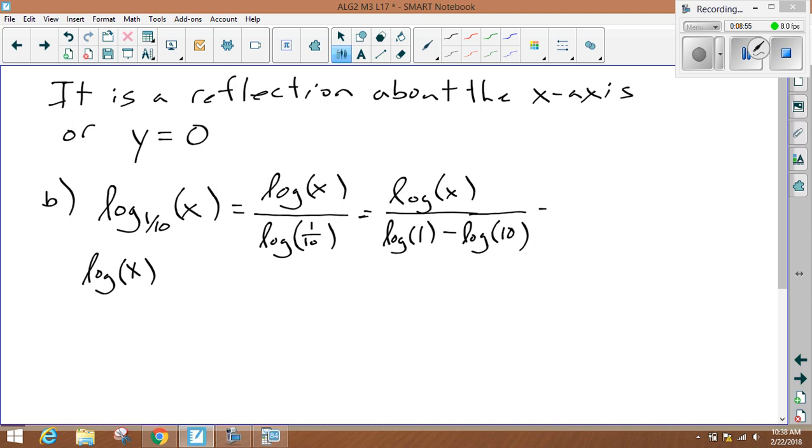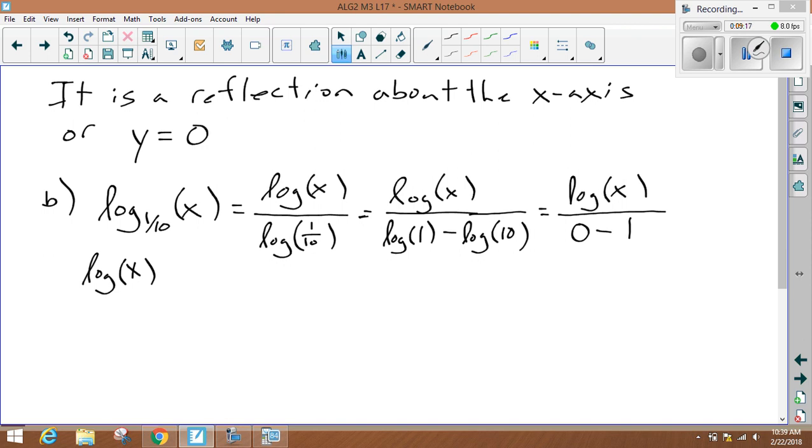What is log base 10 of 1? Remember how we think about that? We say 10, so what power is 1? 0? Yeah. What about this one? What is log base 10 of 10? 1.